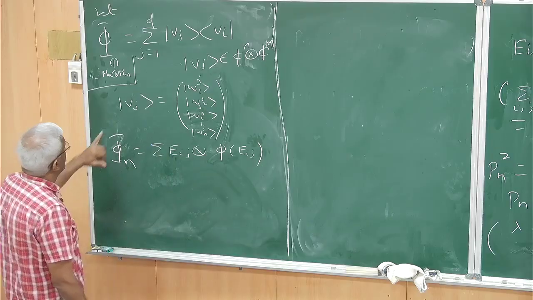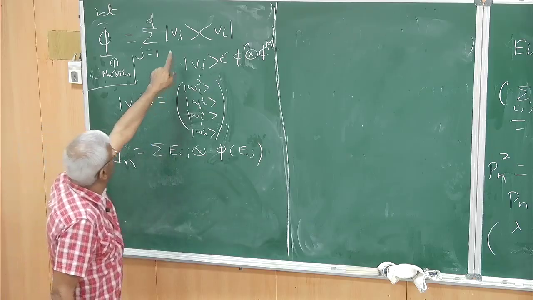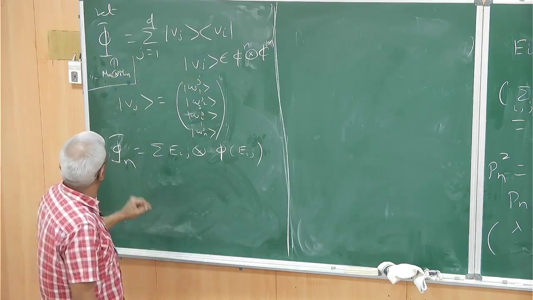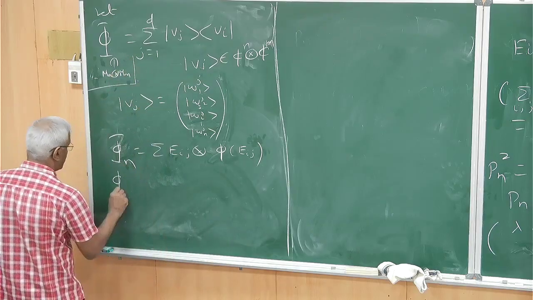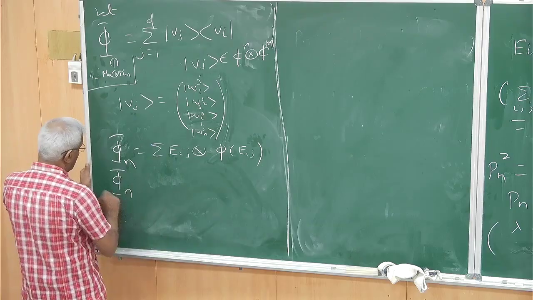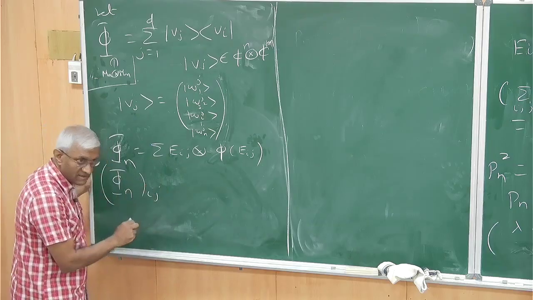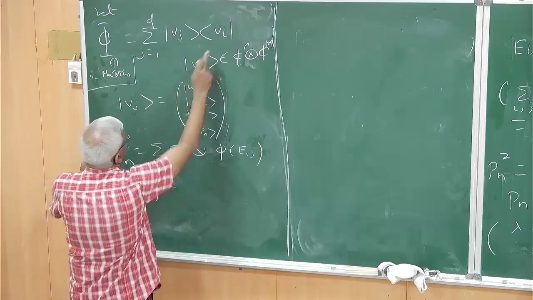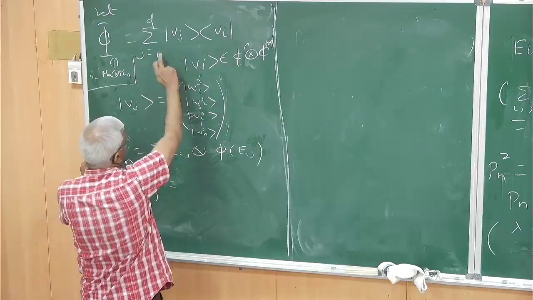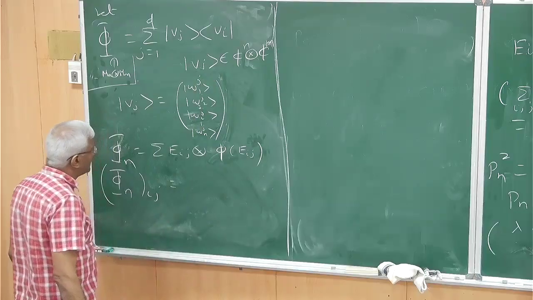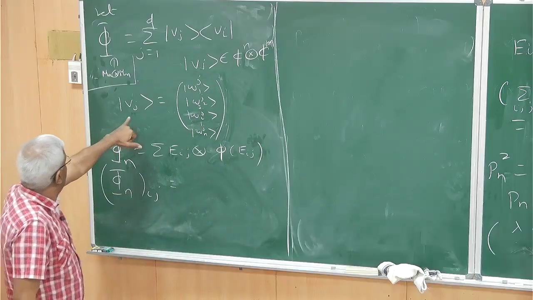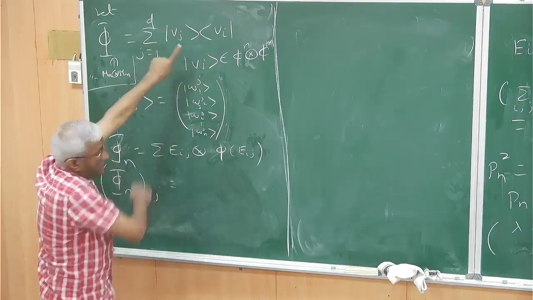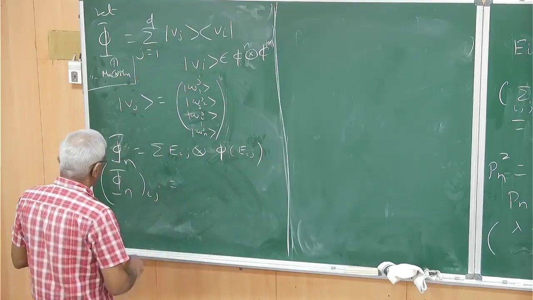So the ij-th entry, which is an m cross m matrix, is going to be the ij-th entry of this, the so-called cross product of these two.